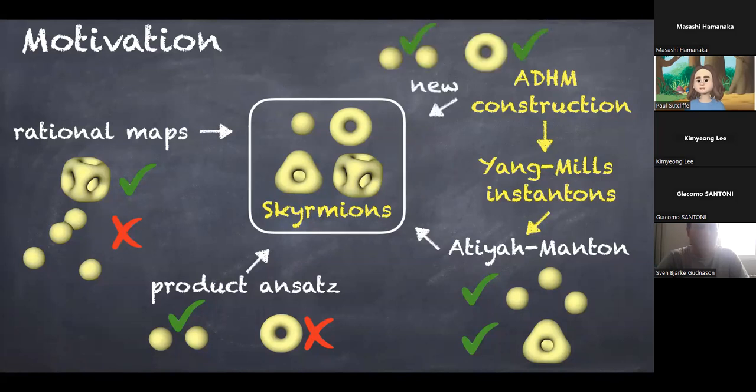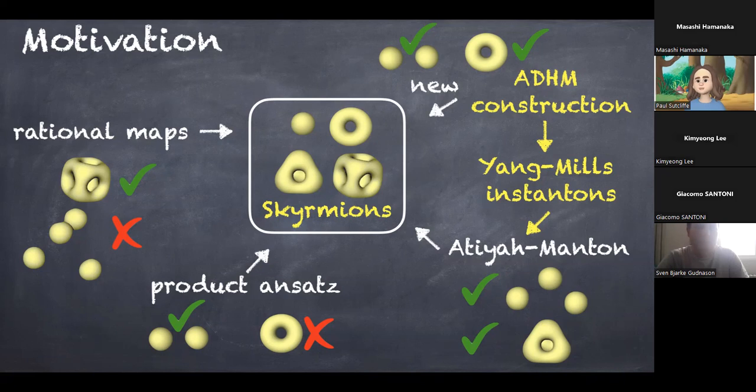So the new approximation, again, can describe all these configurations of whether they're well separated or on top of each other or everything in between, but it goes directly from the ADHM data, the thing that you need to construct the instanton. You don't actually have to construct the instanton. You can go directly from that data to the skyrmion without having to solve any differential equations.